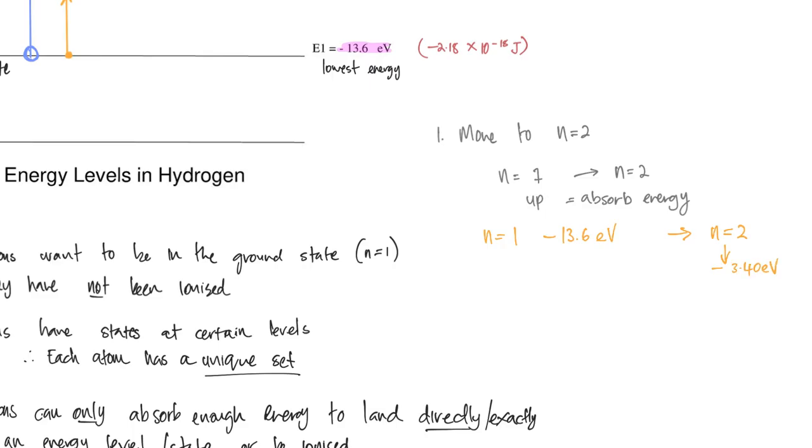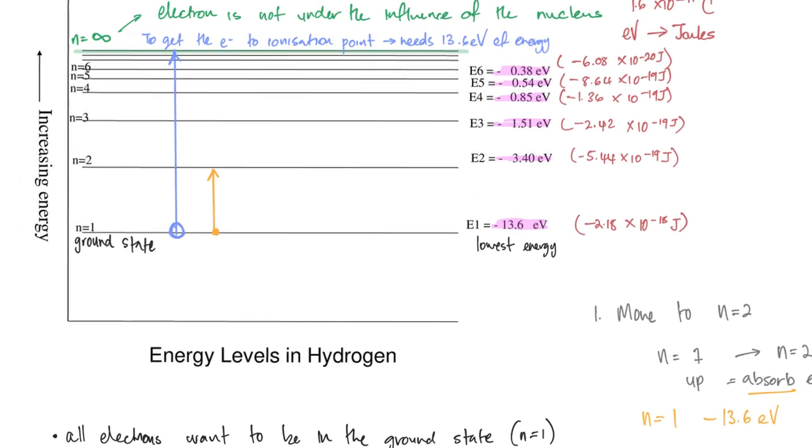So I am absorbing energy. So I do a little sum and I look at the change in electron volts and I go negative 13.6 plus 3.40 and I get a total of 10.2 electron volts in total. So the amount of energy that my electron must absorb to go from n=1 to n=2 is 10.2 electron volts.